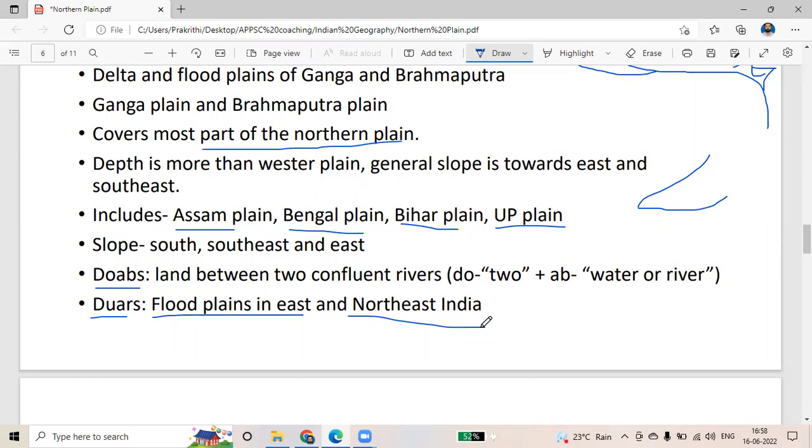So that flood area we usually say it as DWARs, Assam DWARs. So there is two landform associated. One is DOBS and another one is DWARs. Chaos and manned DOBS are associated with Western plain also. Here it is DOBS and the DWARs.